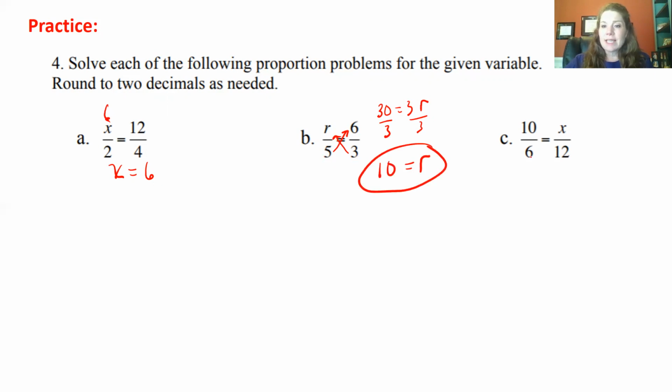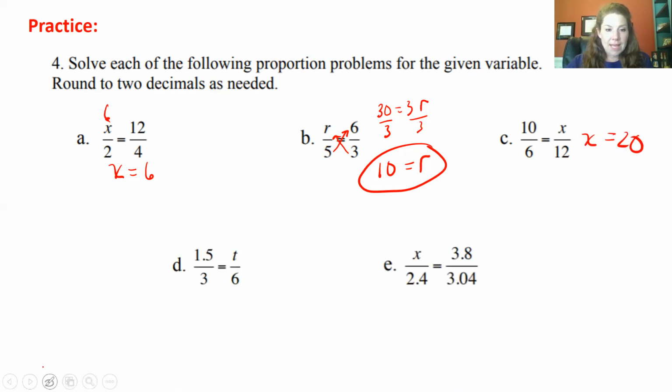And then letter C, can we multiply 6 by a whole number to get 12? Well, of course, 6 times 2 is 12, so 10 times 2 is 20. Letter D, 3 times what is 6? Well, 3 times 2 is 6. So 1.5 times 2 is 3. And then the last one is tricky, right?